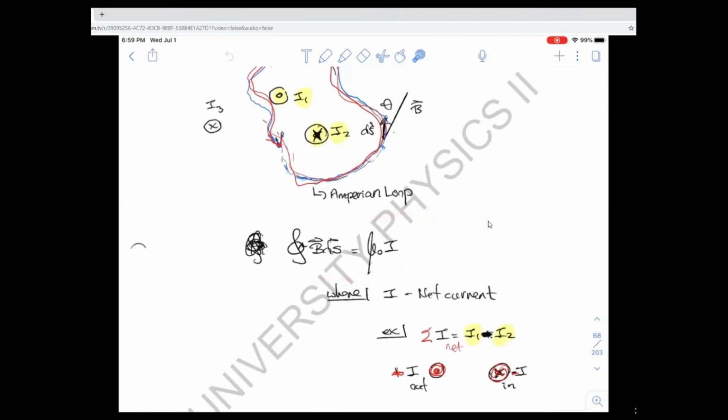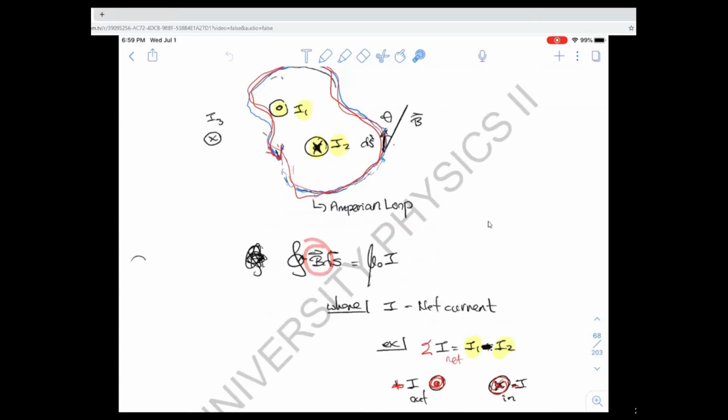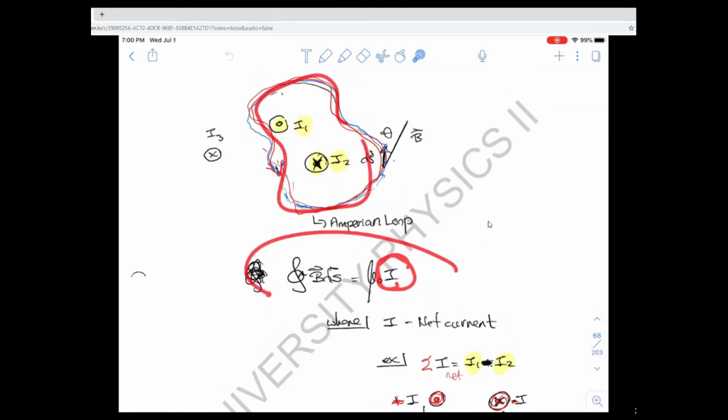The circulating magnetic field that we're looking at is going to be responsible for the net current within the Ampere loop. The net circulating magnetic field in the counterclockwise direction is going to be due to the net current inside the Ampere loop that you're looking at. So that's what Ampere's law states.